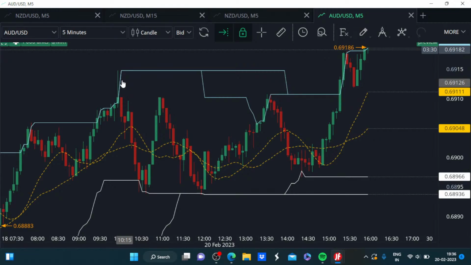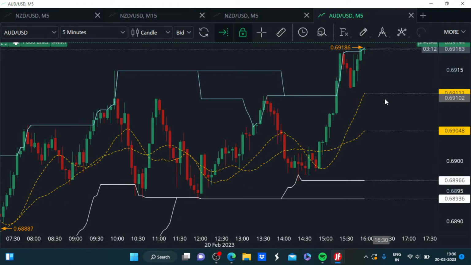But for that, it becomes very important for the AUD to hold closer to these immediate swing highs and not go back to where it was a couple of hours earlier around this 0.69 range.